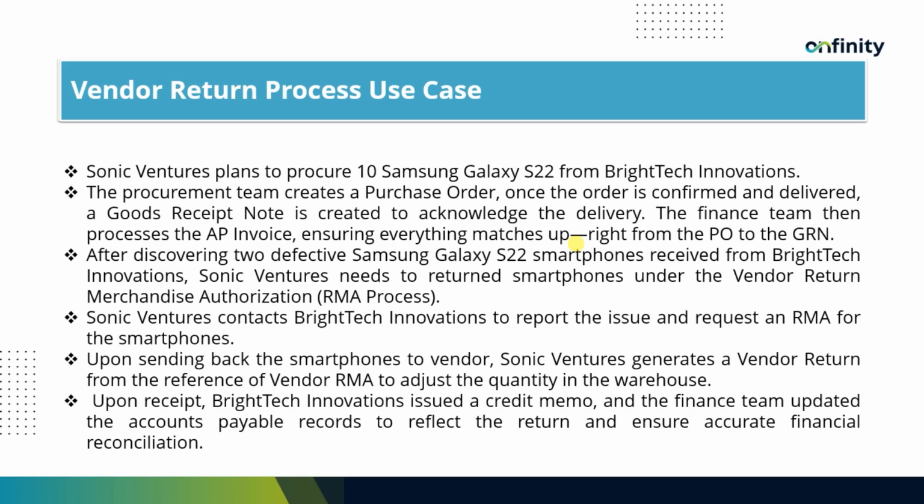Upon sending back the smartphones to the vendor, Sonic Ventures generates a vendor return from the reference of the vendor's RMA to adjust the quantity in the warehouse. Upon receipt, Brightech Innovations issues a credit memo and the finance team updates the accounts payable record to reflect the return and ensure accurate financial reconciliation.